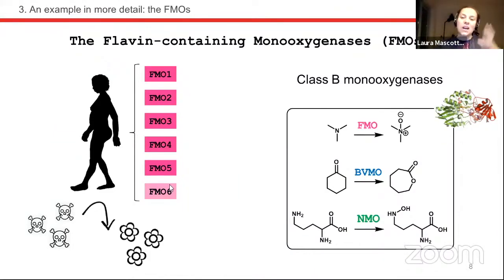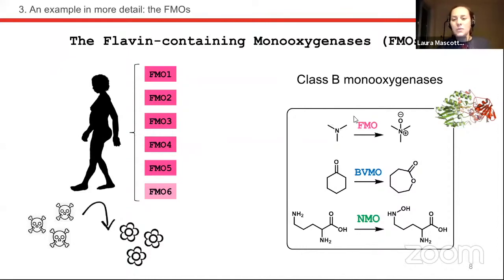These enzymes, along with the P450s, form our detoxification system, mainly in the liver, lungs, and brain, for example, and they are in charge of detoxifying different xenobiotics or toxic compounds. The reaction they perform is the N-oxidation of amines to N-oxides, and also of sulfides to sulfoxides.